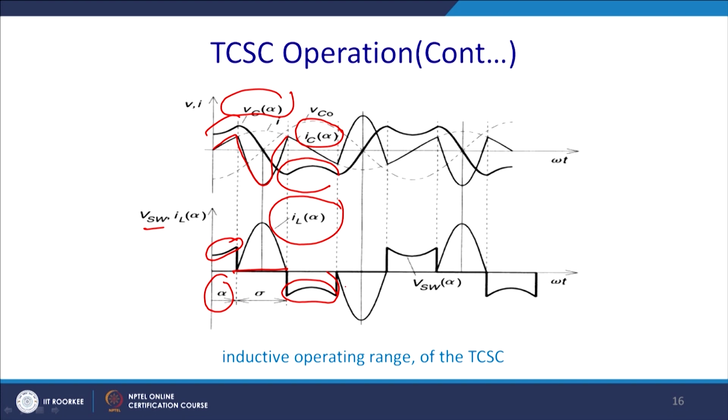Thereafter it is triggered again, and thus a current will flow the same as here. Accordingly, it is a superimposition of the ISW and IL in the same waveform, and this is the zone of inductive operation of the TCSC.